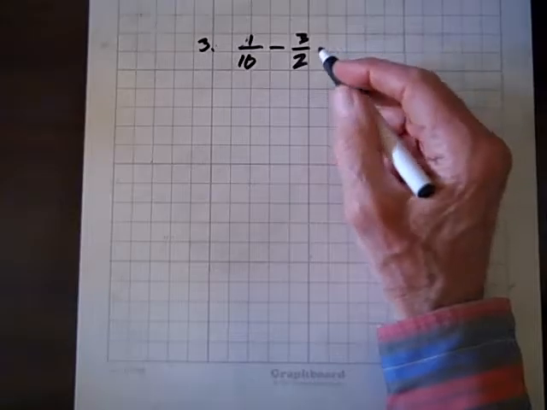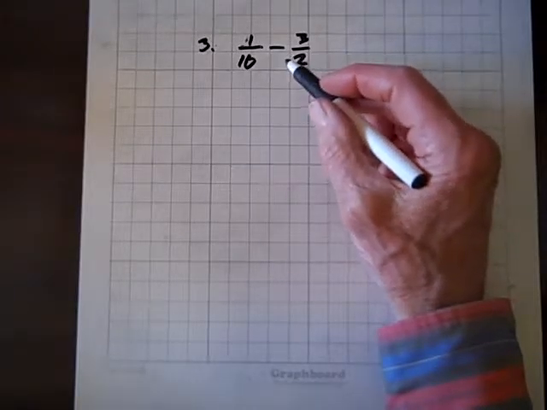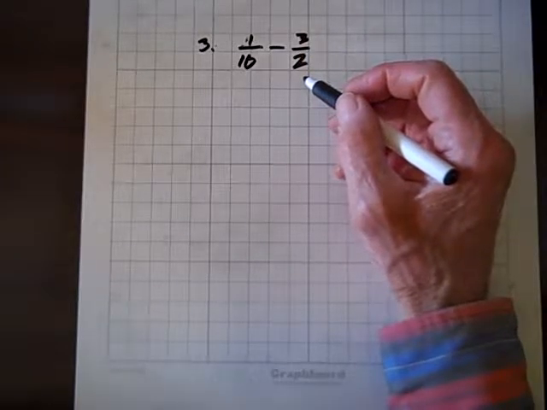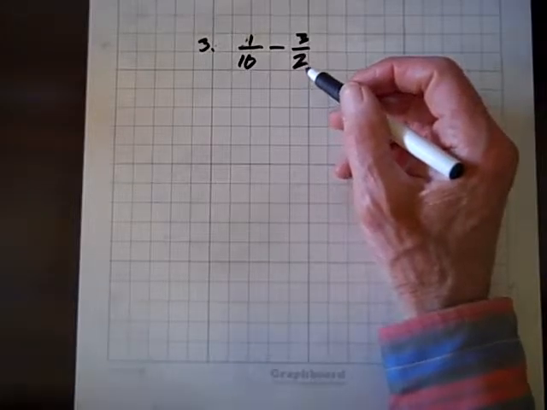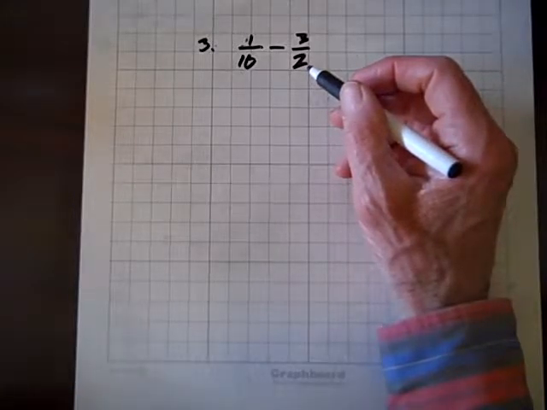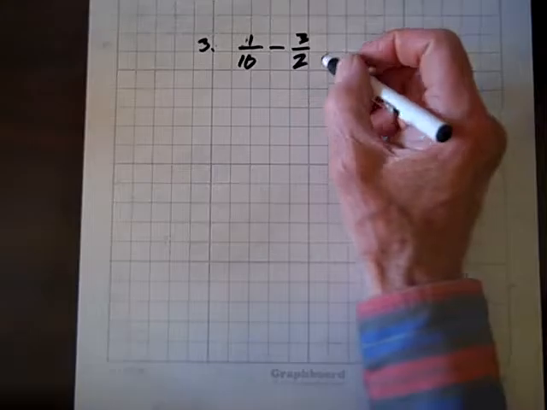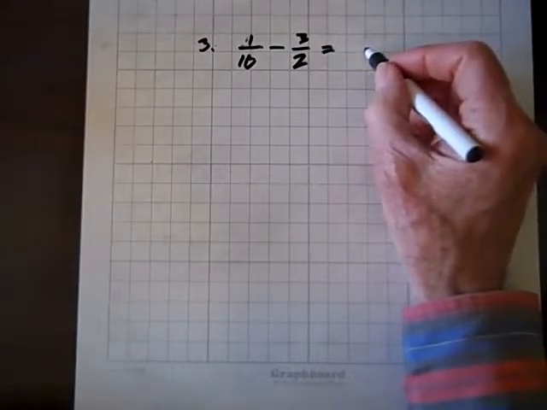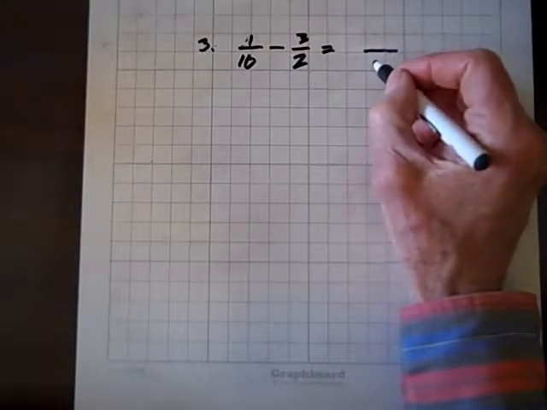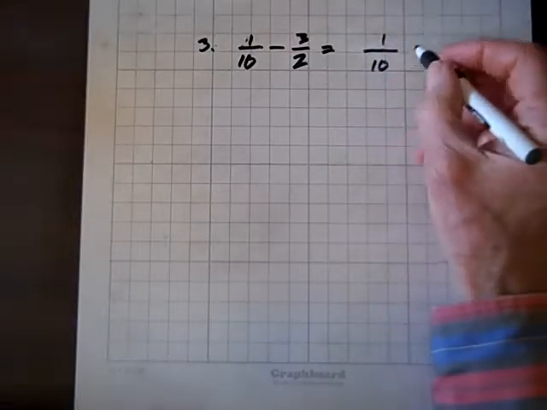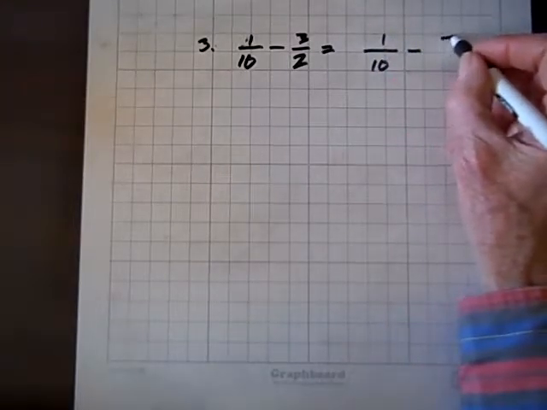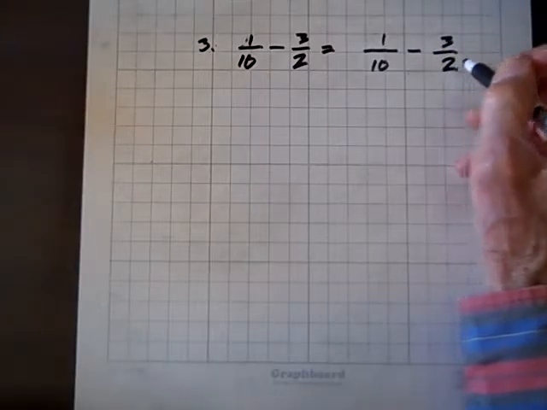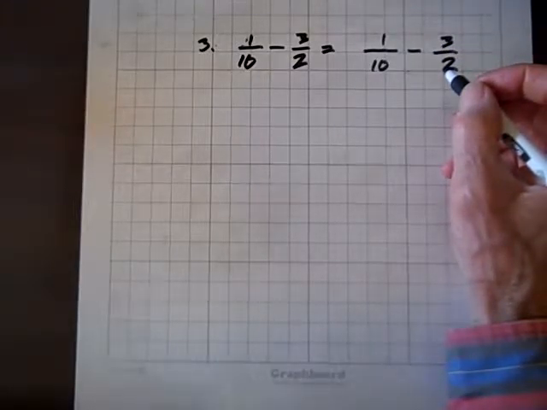And first of all, you're going to say, wait a minute, you just said you're going to add, and here you are subtracting. Well, subtraction is just a form of addition. You're adding a negative number to another number. So this equals 1 over 10 minus 3 over 2. And the question is, well, what's the common denominator? What's the LCD?